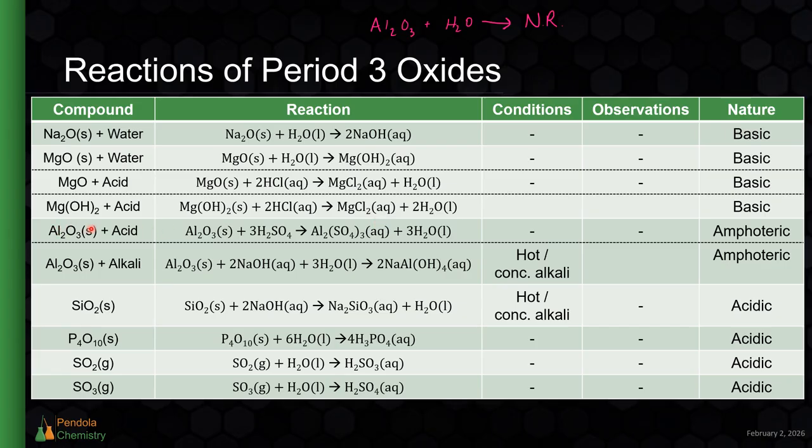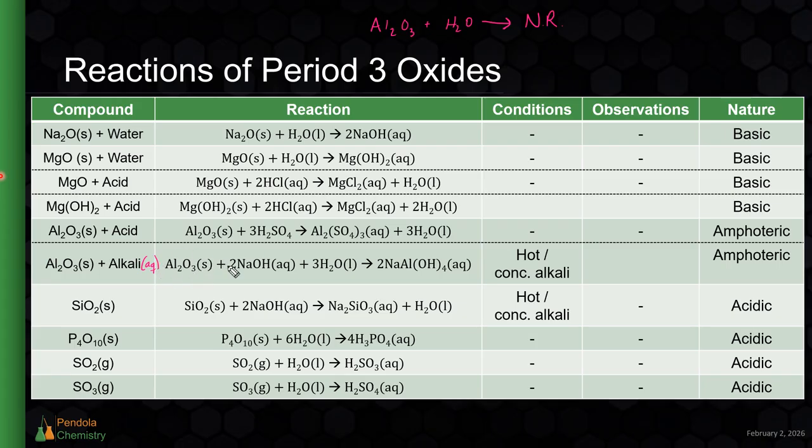So excellent, it reacts in an acid-base reaction, such as a neutralization reaction, creating that ionic compound and water. Aluminum oxide will also react with an alkali, like sodium hydroxide or potassium hydroxide, anything like that, in the presence of water. So it has to be an aqueous alkali, it can't be just a base. It needs to be specifically an alkali, so it's aqueous, because remember, that's the definition of an alkali, a water-soluble base.